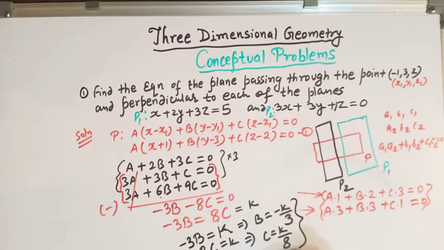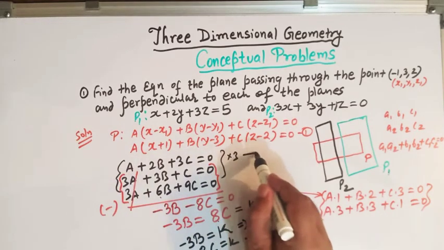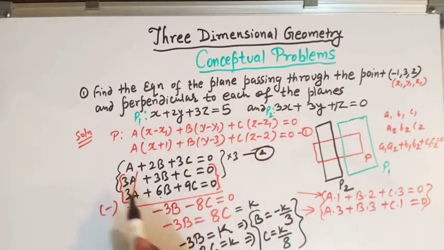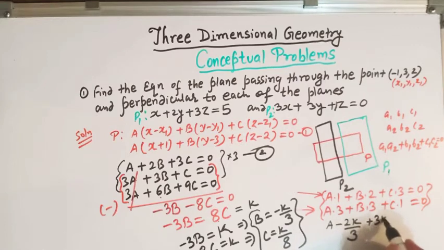Now if we substitute these values of b and c in equation 2, then we can find the value of a. So let us substitute these two values here. So we have a and plus 2b means it is minus 2k by 3. Then we have 3c, that is 3k by 8 equal to 0.